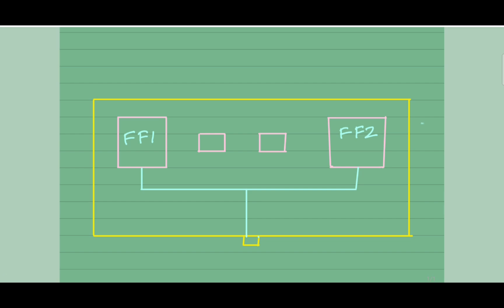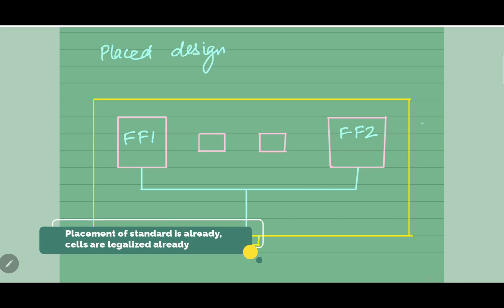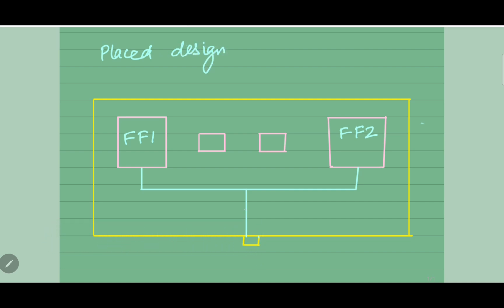So we have already learned that after the placement of the cells, let's say this is a placed design. In the placed design, we first have to route the clock. So what we are trying to say is clock optimization. Let's say if it is already done, then there would have been some buffering in the clock path, that is part of the optimization, and clock is already routed.